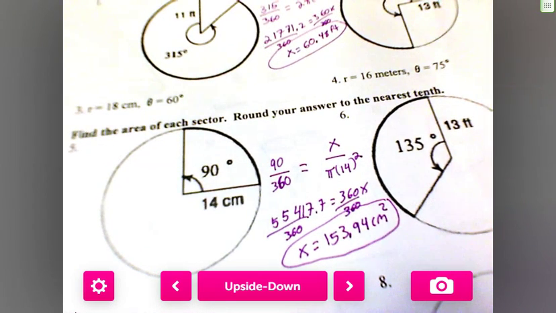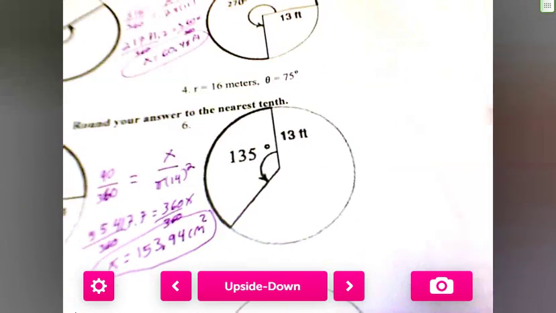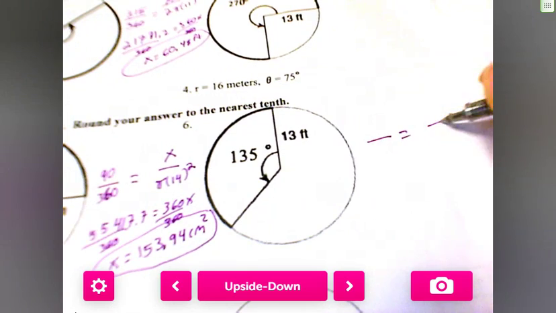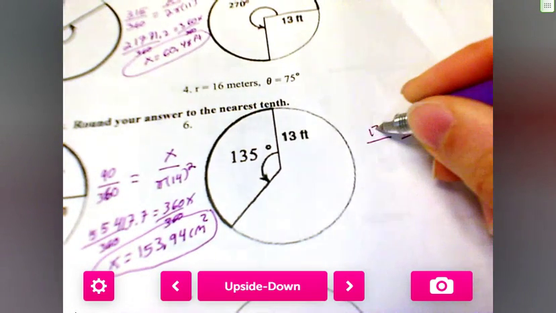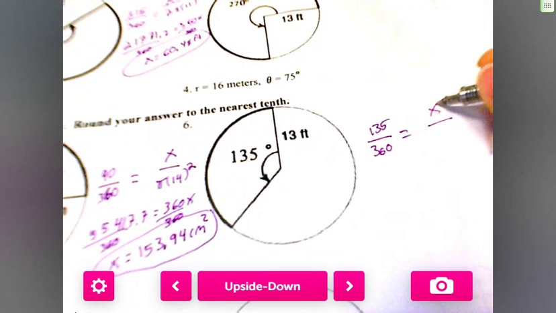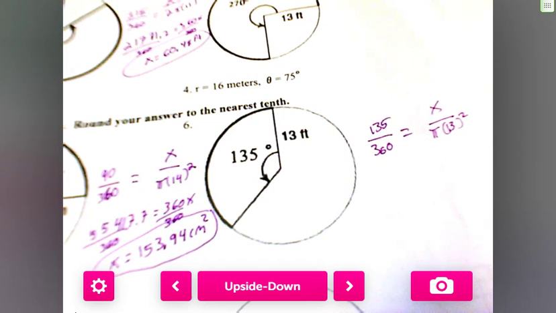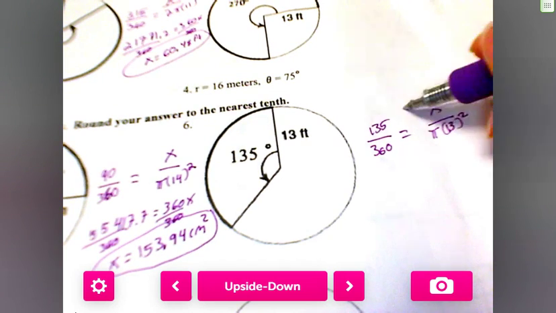Let's try 6. Okay, you guys tell me, how do I set up my little proportion? 135 over 360 equals? Pi. Good. So I'm going to put pi 13 squared times 135 in my calculator.